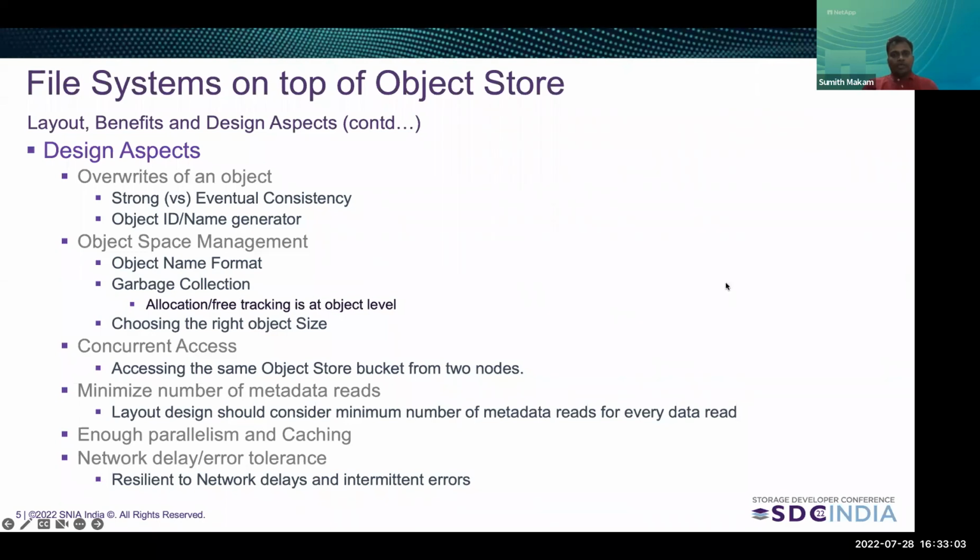The next design aspect that needs to be considered is minimizing the number of metadata reads. Any file system will have some metadata associated with its data. That is, whenever some data has to be read, before reaching that data, some extra metadata blocks have to be read. So given the high latencies in the object store, the layout of the file system should be designed in such a way that a minimum number of metadata blocks have to be read before data can be read.